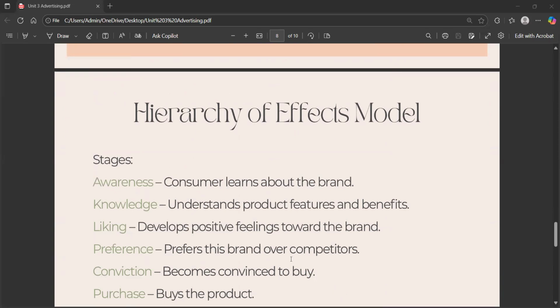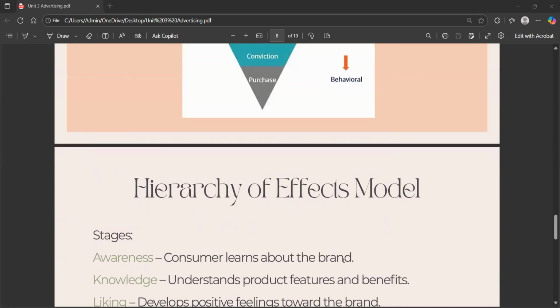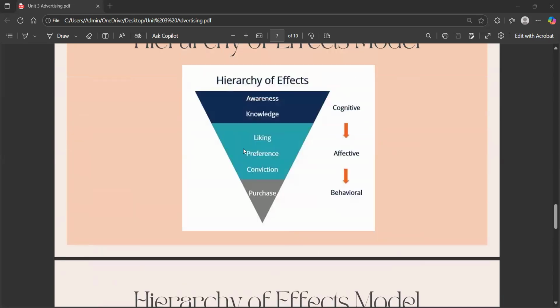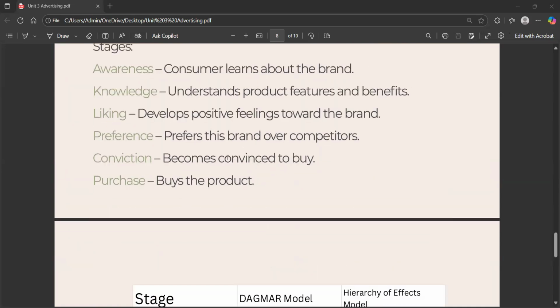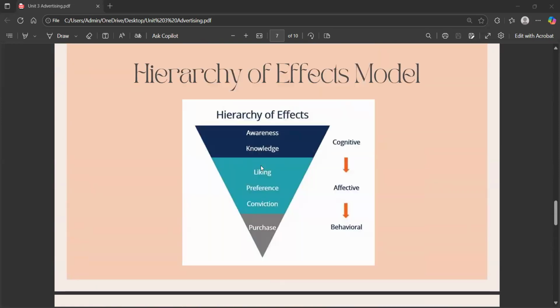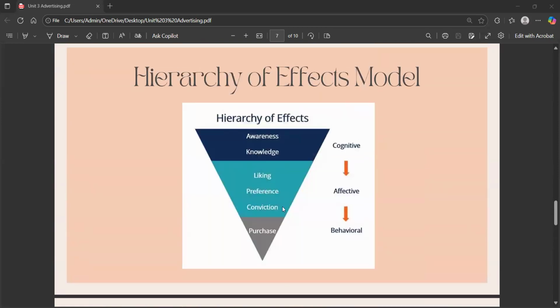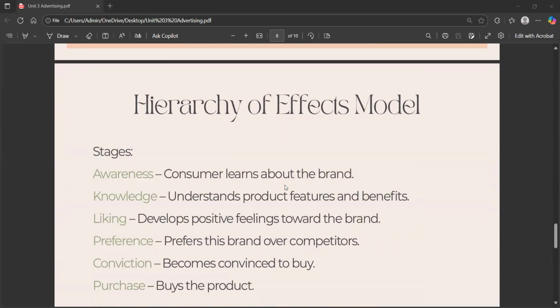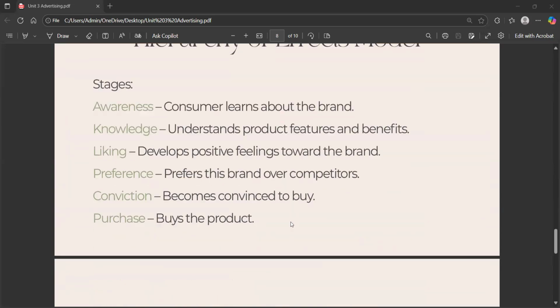So the consumer prefers this brand over competitors. And the third one is conviction. The consumer becomes convinced to buy your product. So liking, preference, and conviction are also correlated with each other, and they are also in the blue part. And the last one is purchase. In that case, the consumer actually buys the product.